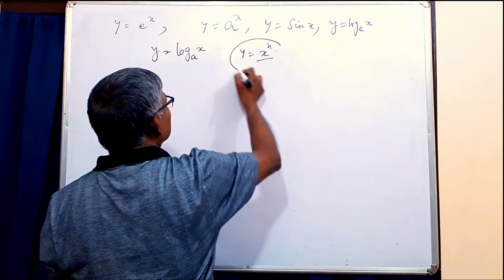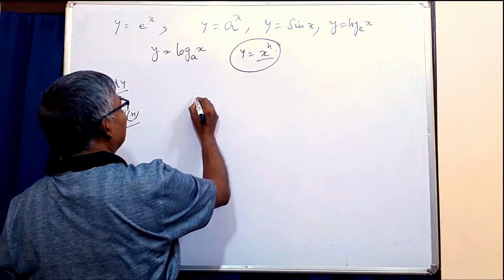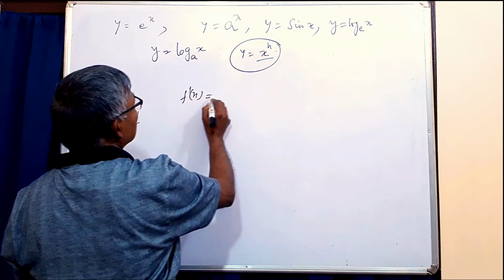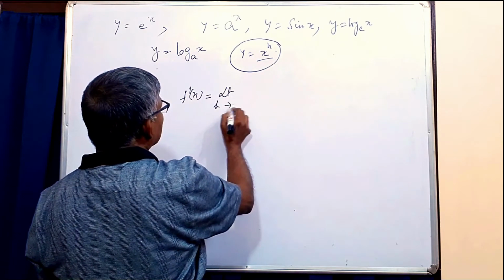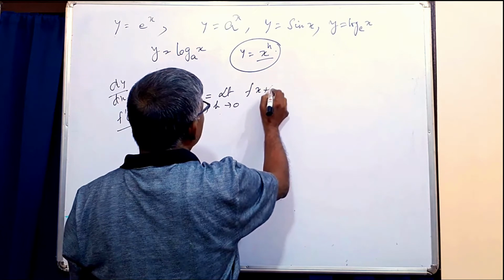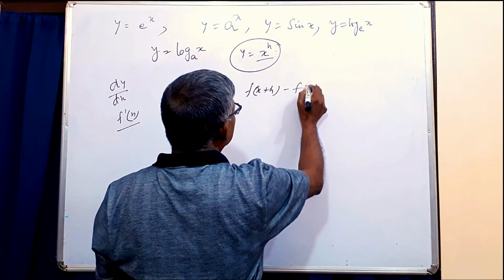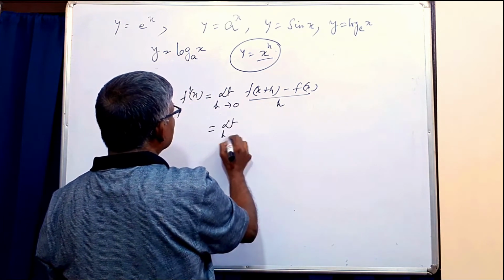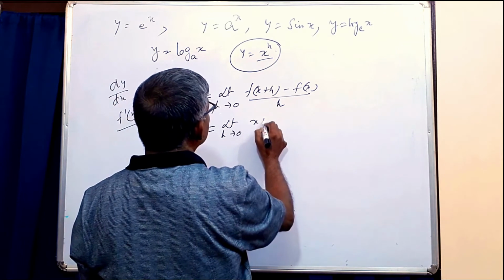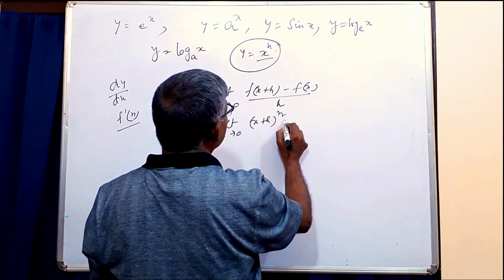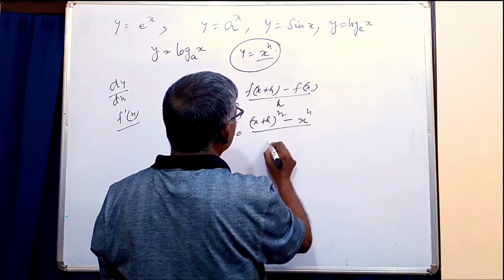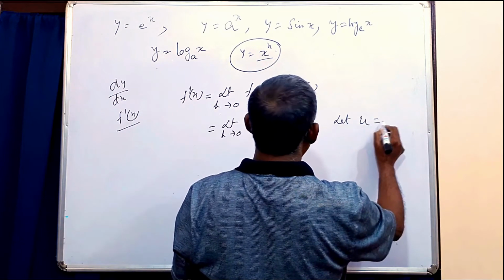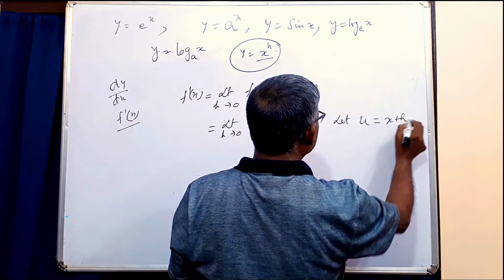Suppose I am doing this. Let f x equal x to the power n. Here you see f dash x equals limit h tends to 0, f x plus h minus f x by h, equals limit h tends to 0, x plus h whole to the power n minus x to the power n by h. Let u equal x plus h.